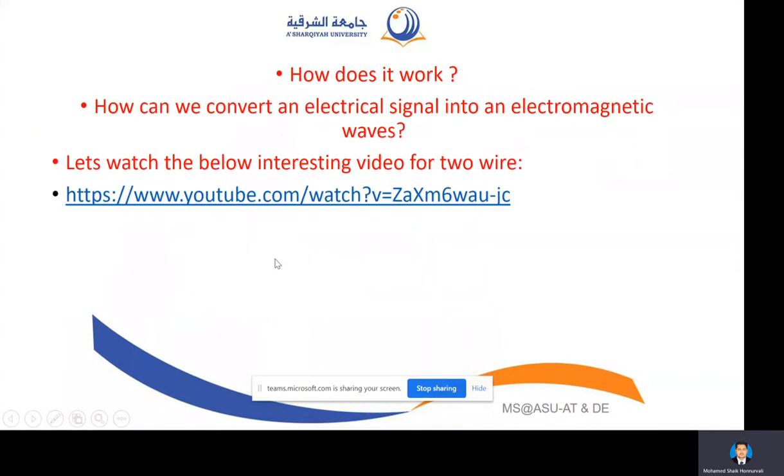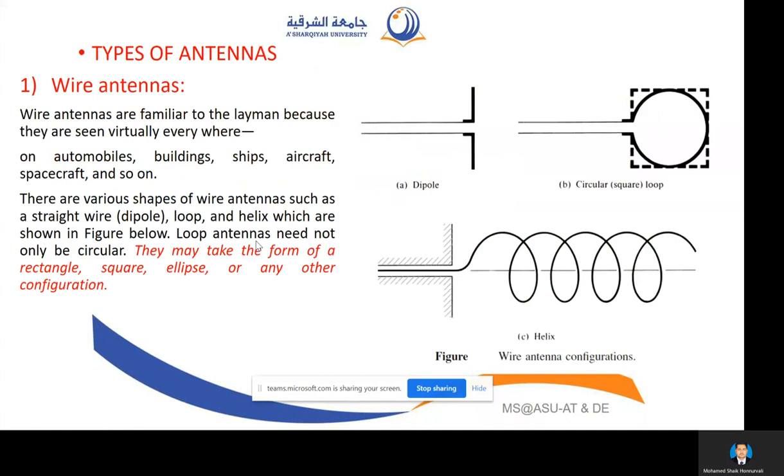Apart from that, using two wires, which is the most general method, how the radiation mechanism is generated is very comprehensively and easily explained in the YouTube link which I provided, and we have discussed it by watching the video as well.